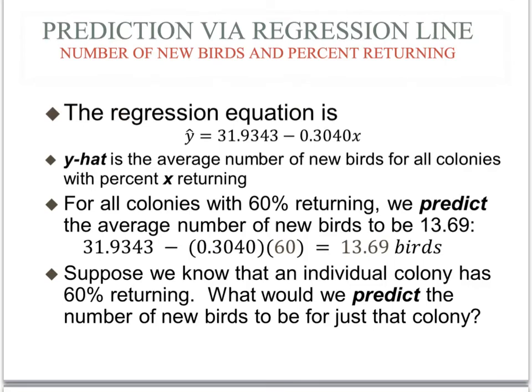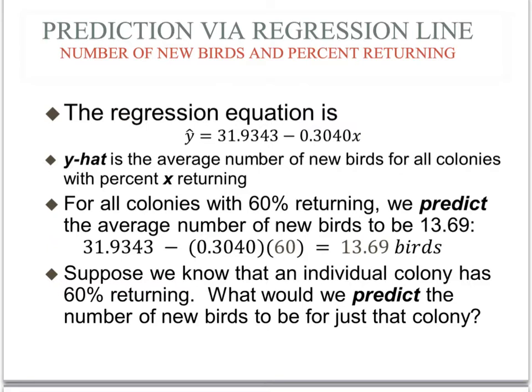So for that picture that we looked at with the new birds returning and the new birds coming into the colony, we can calculate a regression equation given by y hat equals 31.9343 minus 0.3040x. So where y hat is the average number of new birds for all colonies with a certain percent returning. So for all colonies with 60% returning, we predict the average number of new birds would be 13.69.